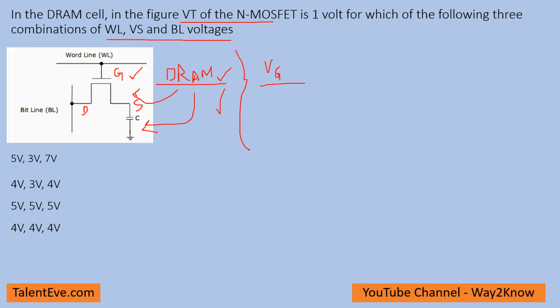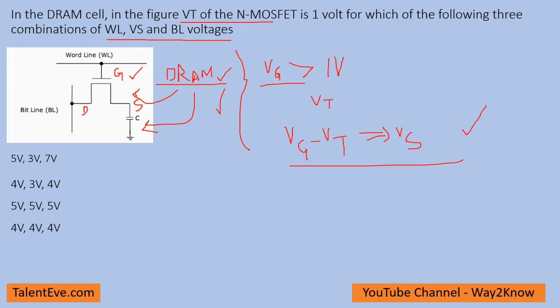Whatever you provide across the drain, the VG should be above its threshold for the MOSFET to be on. So now when VG is greater than 1 volt, then this MOSFET will be on. So if we treat threshold as VT as mentioned here, then VG minus VT, whatever the voltage beyond threshold, gets applied to the Vs.